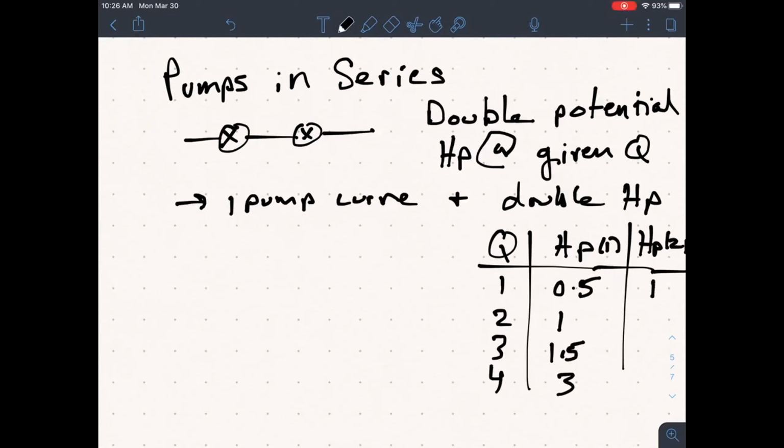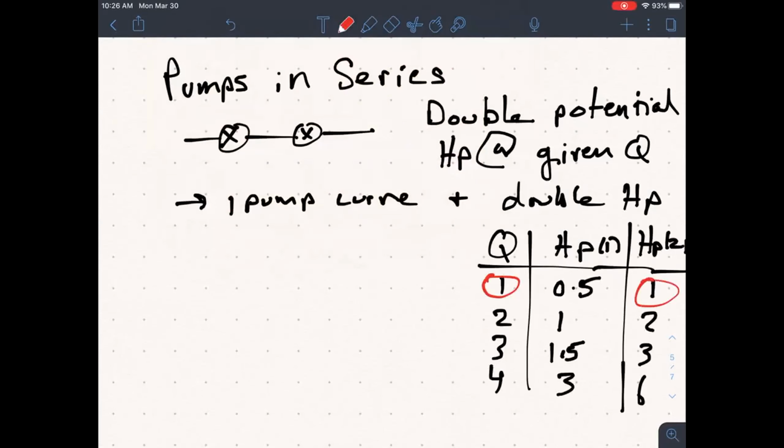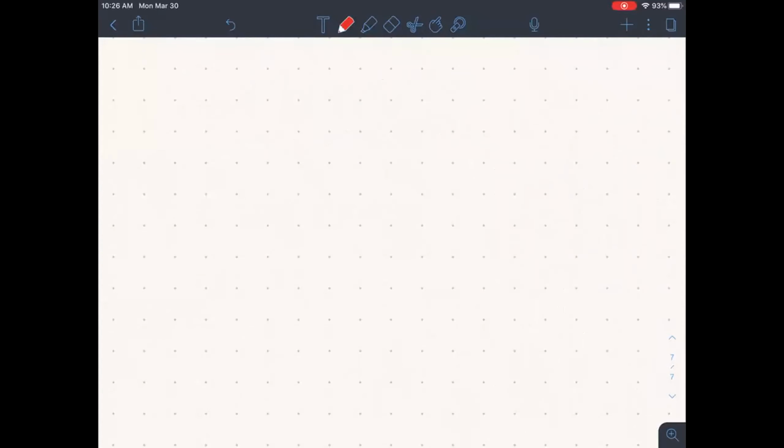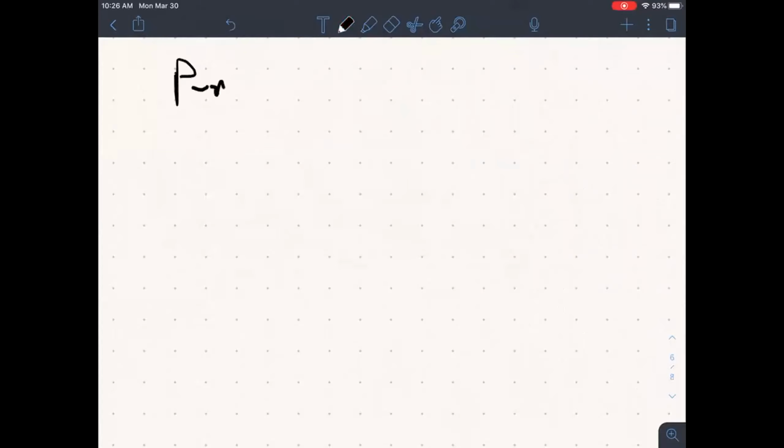So we just do 1, 2, 3, 6. This would be our pump curve, same discharge. So same discharge, but now we double the head. So this is what our pump curve looks like for pumps in series. And then for our pumps in parallel, this is where we have, oops.